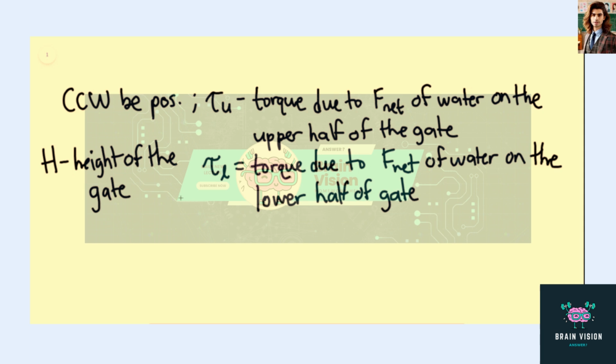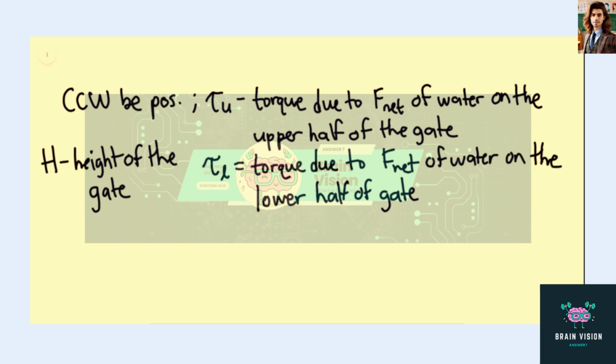In order to calculate the torque for the gate, we need to calculate the torque due to the force on a narrow strip of height dy located a distance y below the top of the gate, then integrate in order to get the total torque.